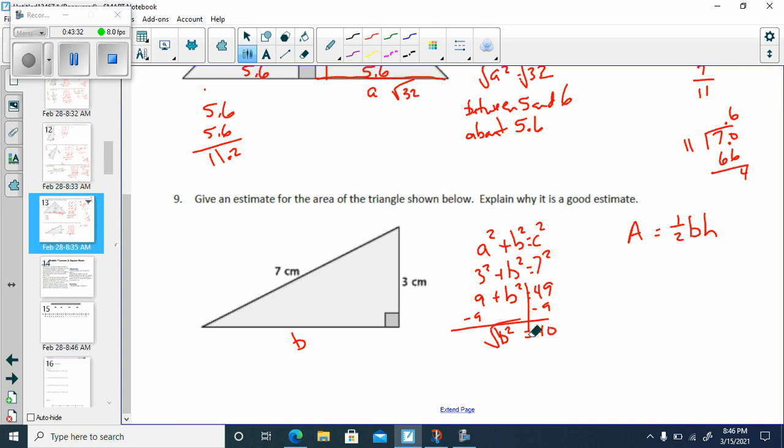Let's take the square root of each side, and your B becomes whatever the square root of 40 is. So let's see where that would be. That would be your square root of 36, which is 6, and your square root of 49, which is 7. You're between 6 and 7. Okay, so B is between 6 and 7.